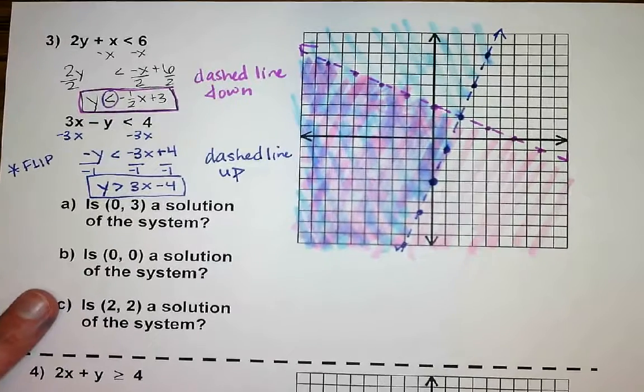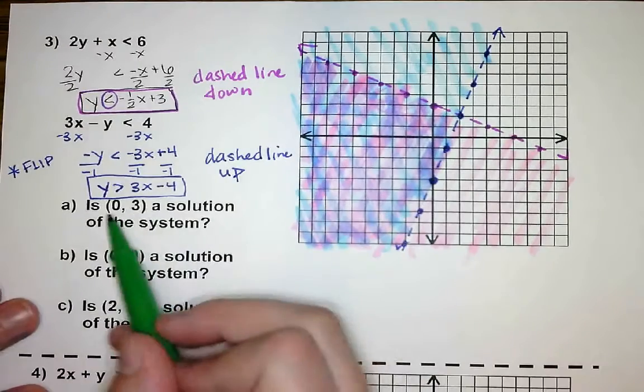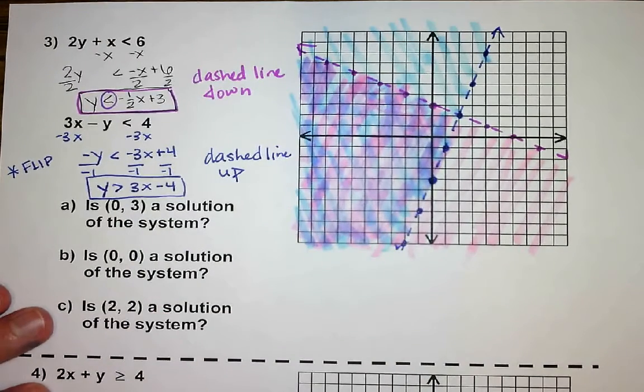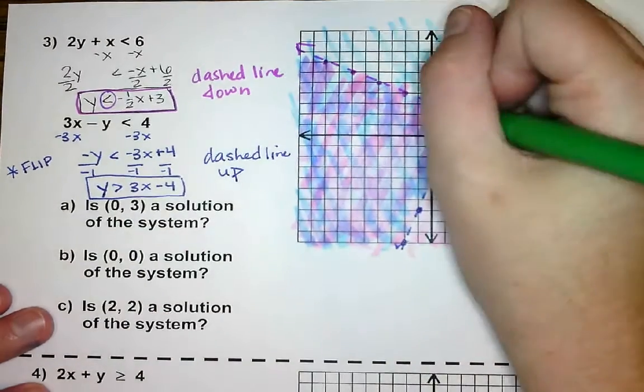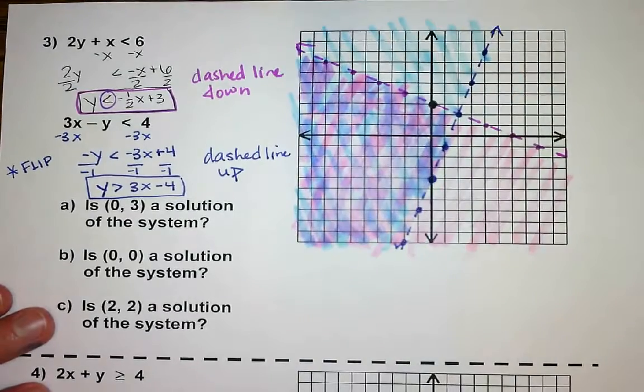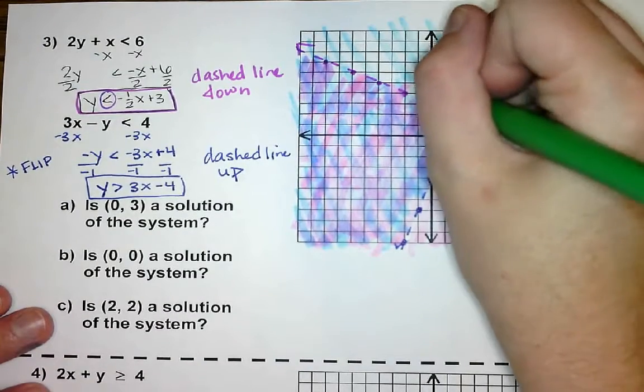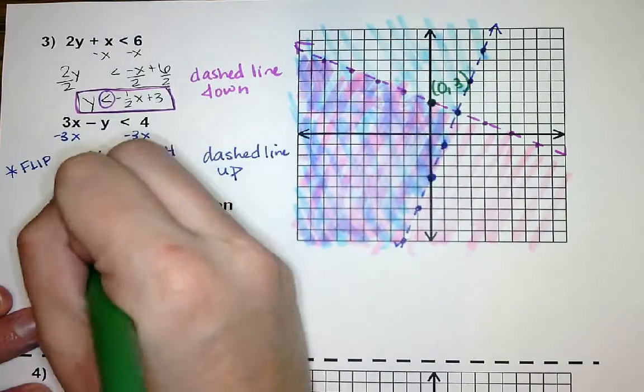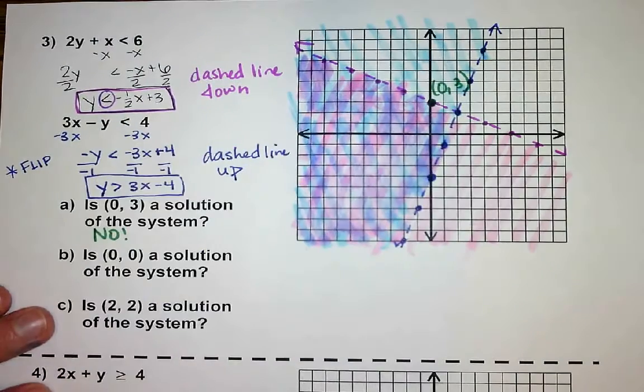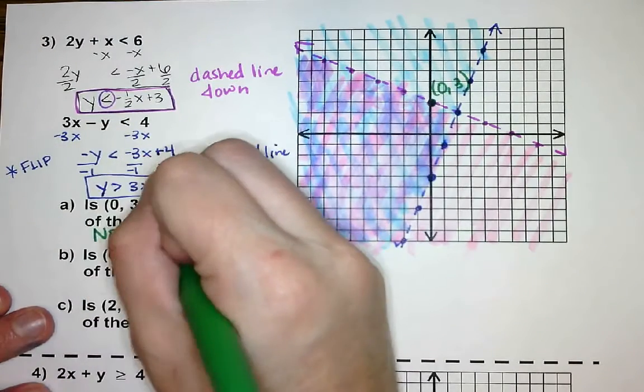So now we can answer these lovely questions. Is 0, 3 a solution of the system? Let's see, 0, 3. Is that a solution, y'all? Why not? That's a big no. Why not? It's on a dashed line.